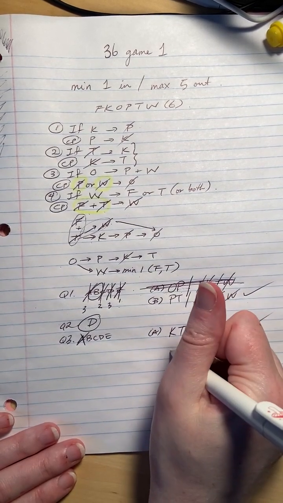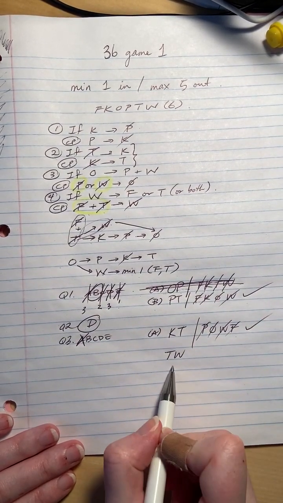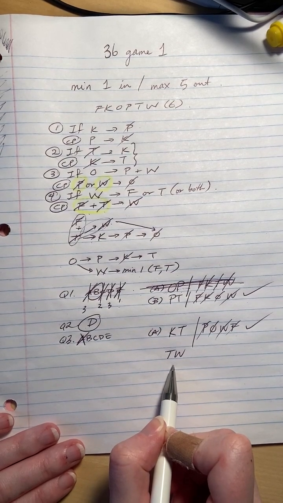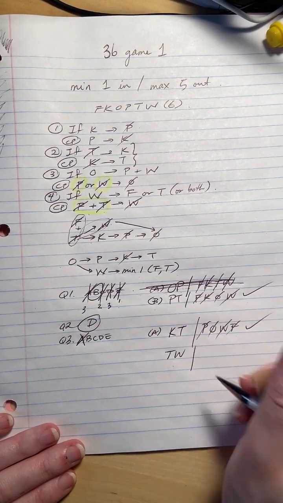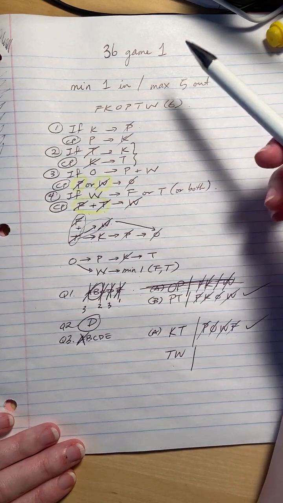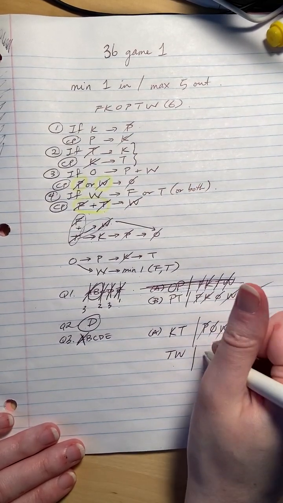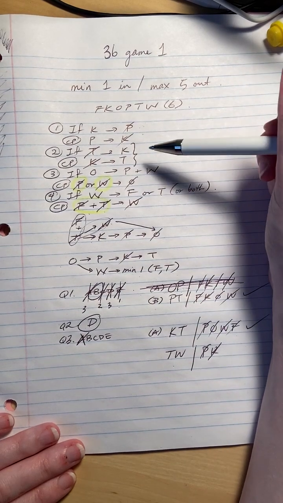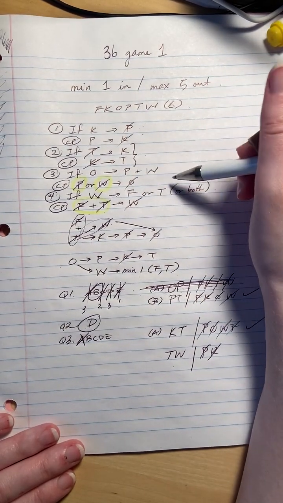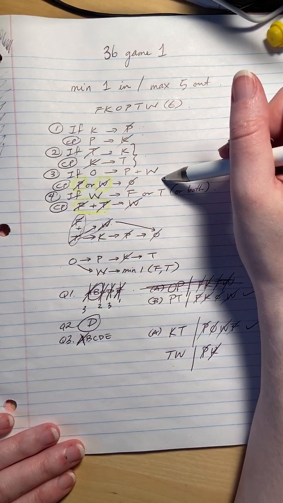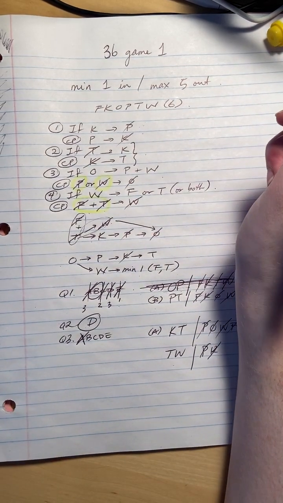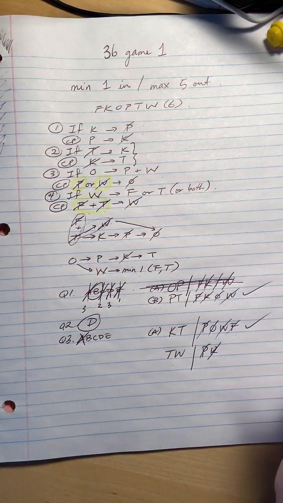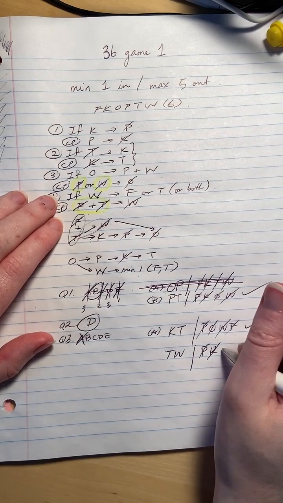T and W in together. So is that going to work? We've got P and K both out, which isn't a problem for that rule. K out, T is in, not a problem for that rule. W being in doesn't force O to be in, so there's no problem there.